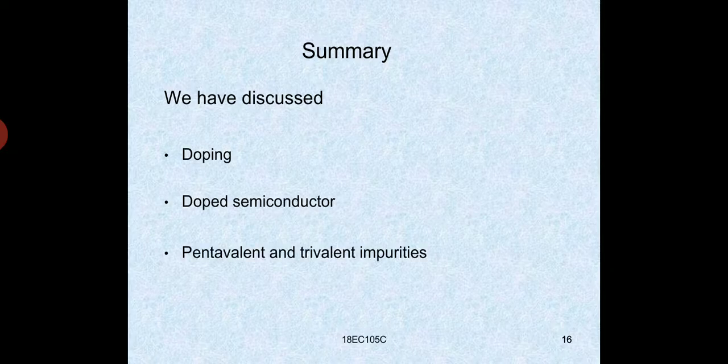Let us summarize the points we have been discussing throughout this session. We have discussed the doping of a semiconductor and the process of it. We have seen the pentavalent and the trivalent impurities, and we have also discussed the n type semiconductor materials.